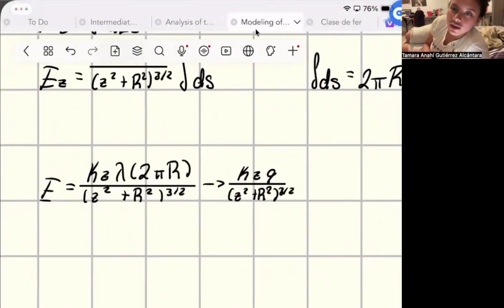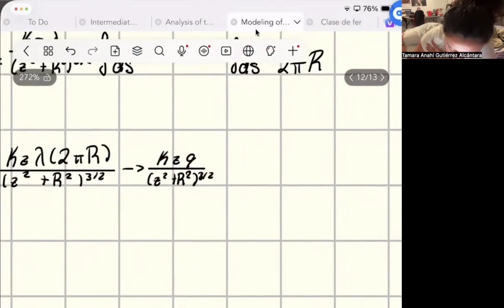And now we're going to substitute the values to get the final answer.